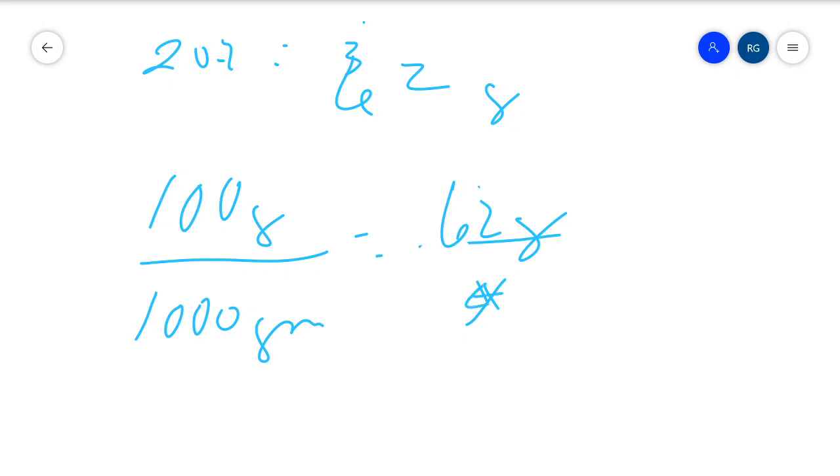Or really, we don't even need to put that there. So that was the order. 62 times 100 divided by 1,000. That looks better. 6.2 grams is your total. I know it gets kind of confusing as to where it needs to be put, but that is where it needs to be put. That is chapter 11, 1 through 7.